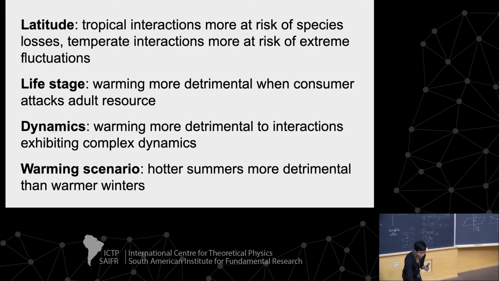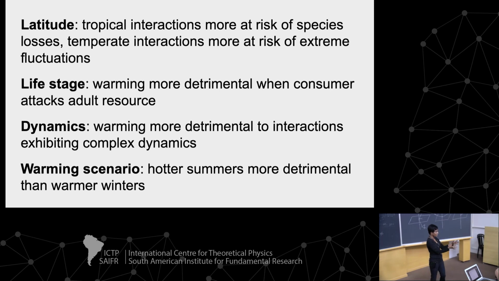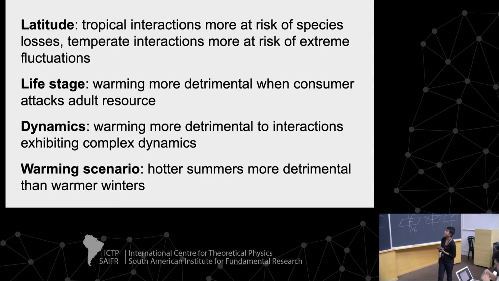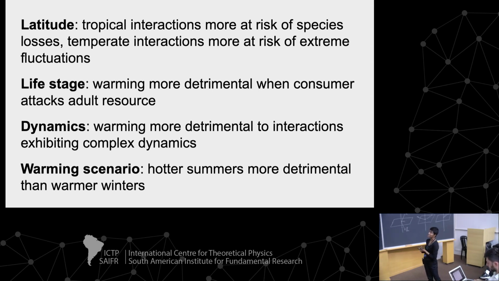All right, so let me summarize the results here. Using this combination of trait responses and putting those trait responses into this model of delay differential equations, we find that tropical consumer-resource interactions are more at risk of deterministic species losses, while temperate interactions are more at risk of extreme fluctuations.